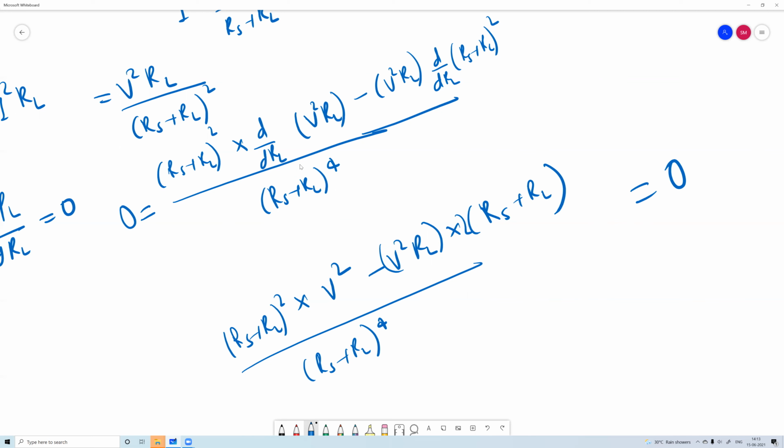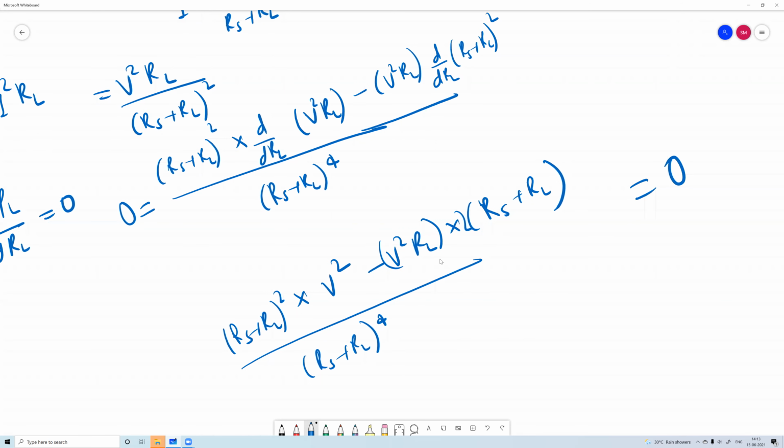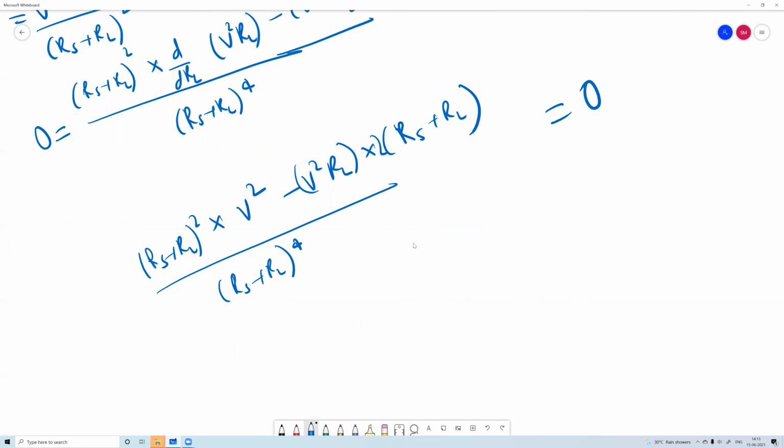Okay. Now if this is 0, then the numerator would be 0.